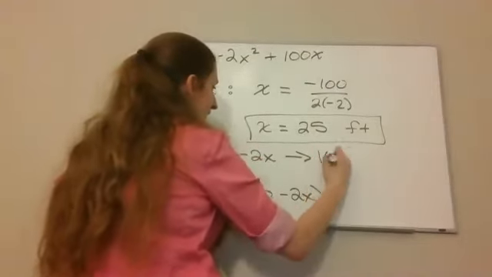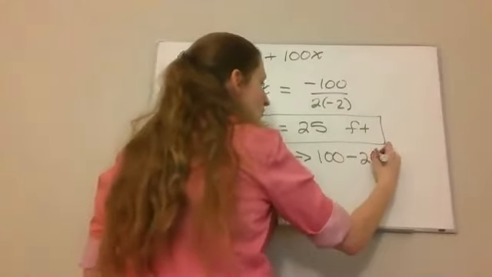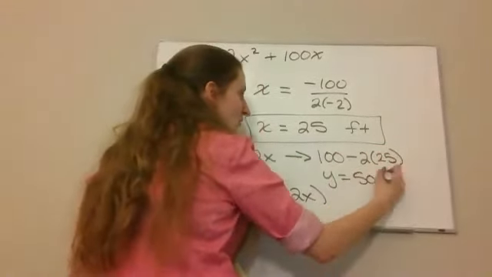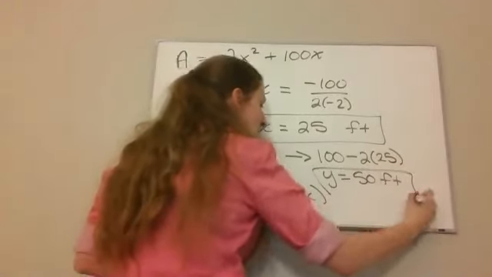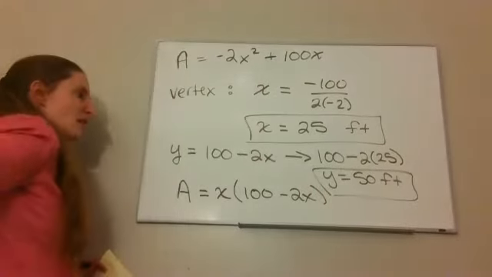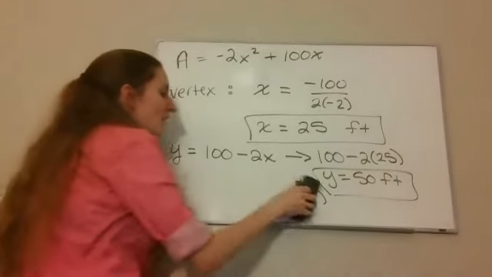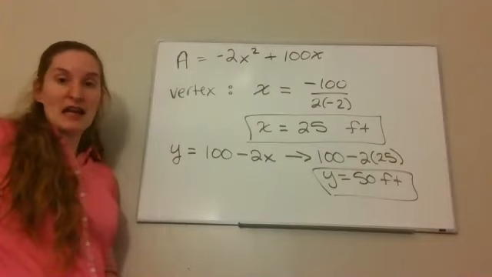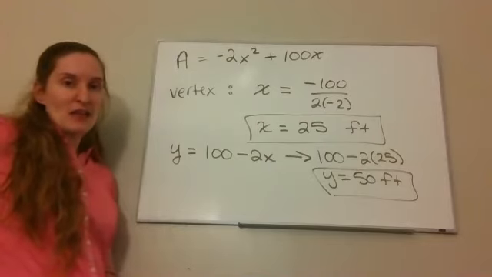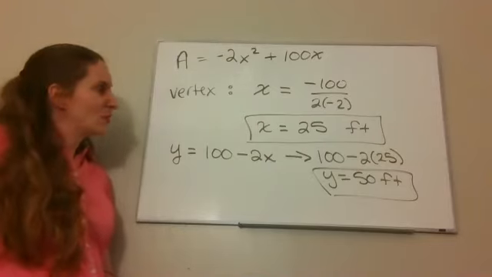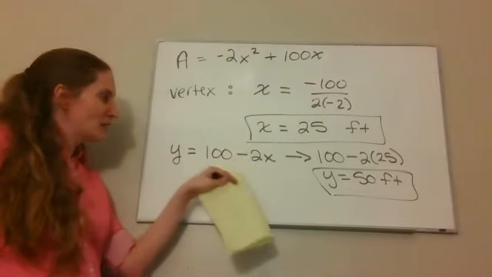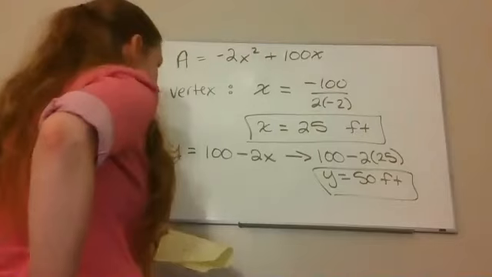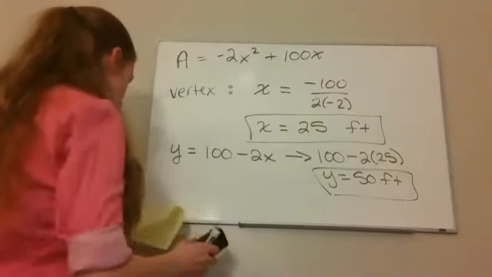So this means I have 100 minus 2 times 25, and my y is then equal to 50 feet. Those are the dimensions that give me the biggest area. So we find the vertex using our negative b over 2a, and then you can find the y value by plugging the x value into the expression we had for y. So my dimensions were 25 feet by 50 feet.